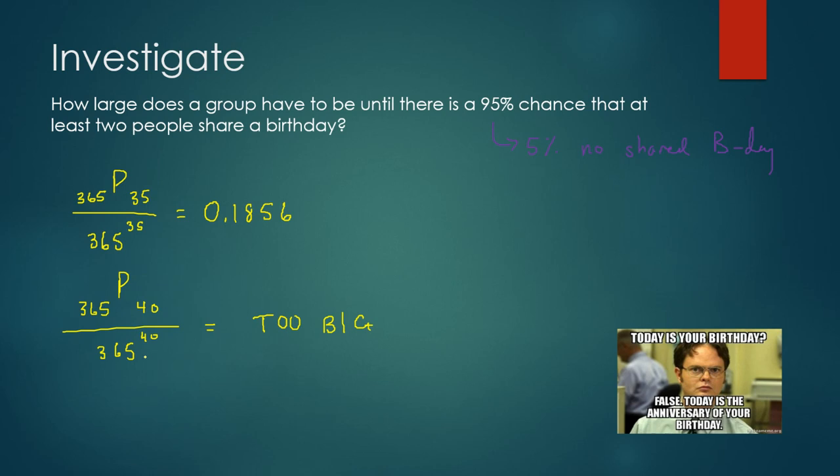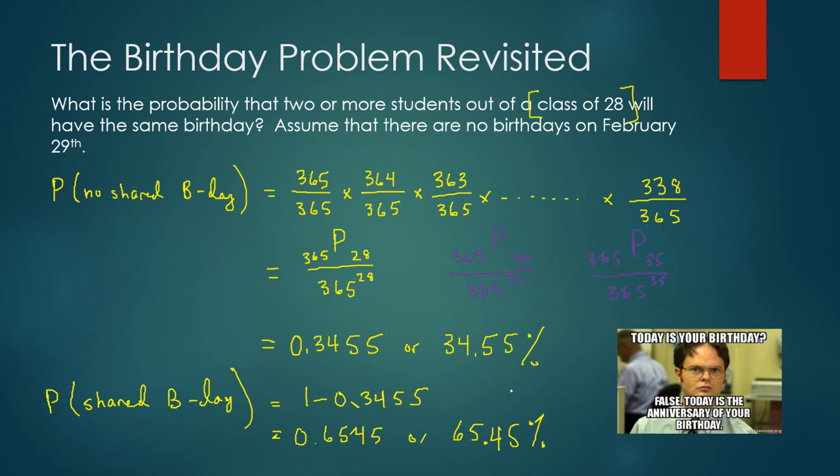The problem is that if you try 365P40 on your calculator, you get an error message, at least on a standard one. That's because it's too big to store on your calculator. You can investigate that on your own, just for general interest. I do believe it's around 45 people that it gets to a 95% chance, but you can look that up.